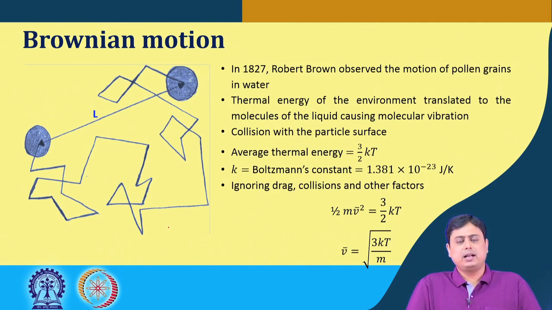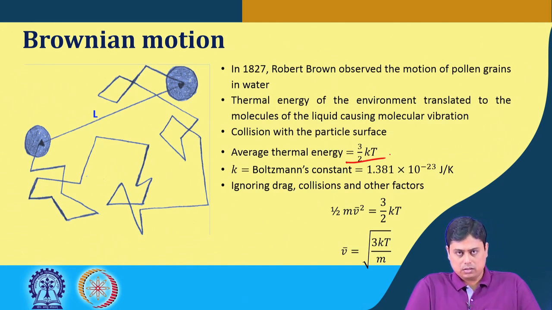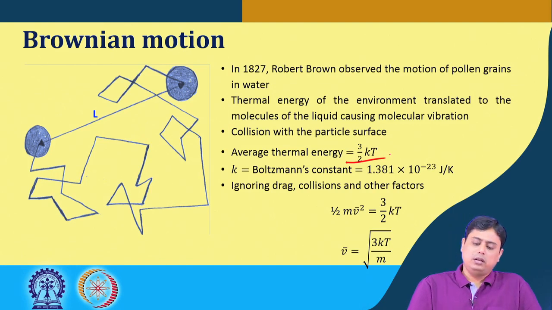A simple kinetic model can help us estimate the average velocity of these particles. If we assume all the thermal energy is converted to this molecular vibration, neglecting all other forces, ignoring drag forces, collisions and other factors, we can equate the average thermal energy, which is 3/2 kT, where k is the Boltzmann constant and T is the temperature in Kelvin, with the kinetic energy of the particle with the average velocity.